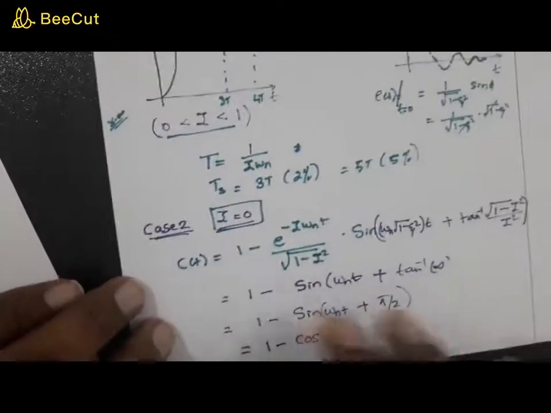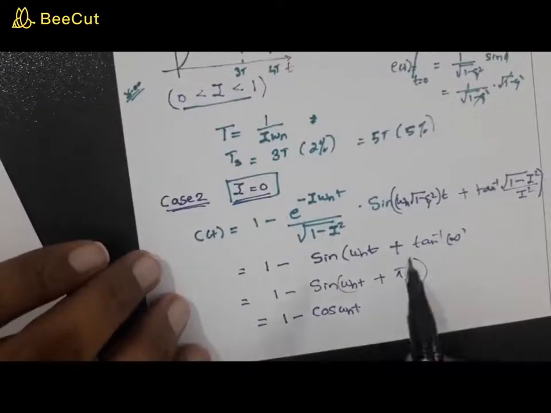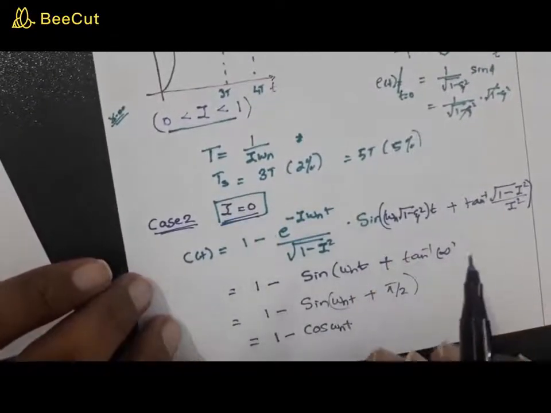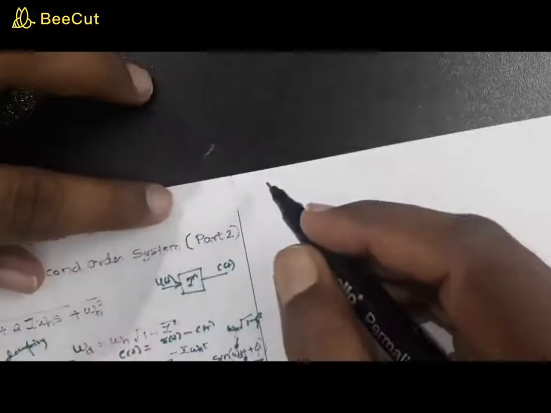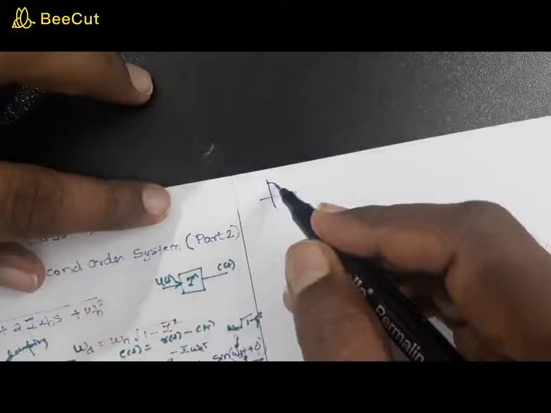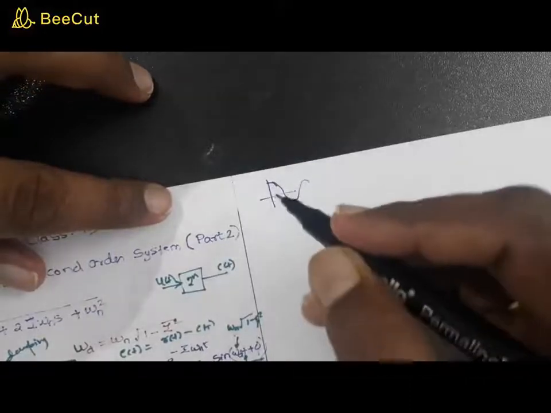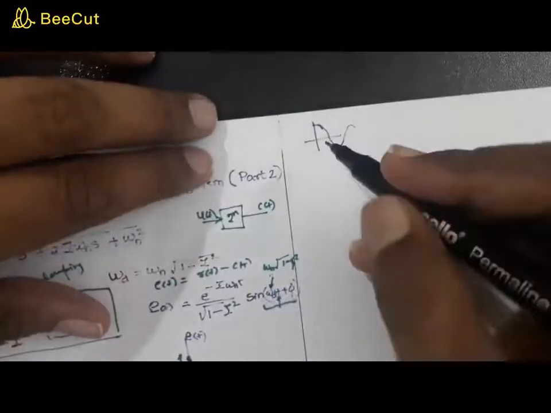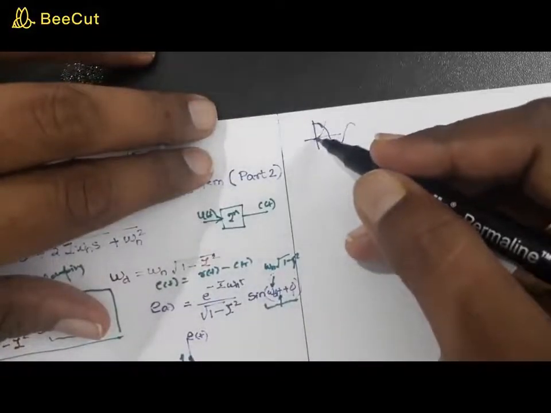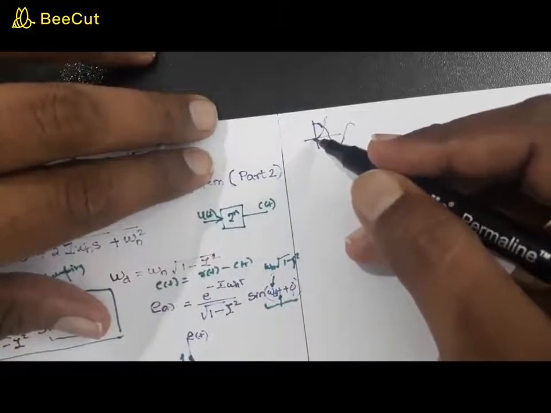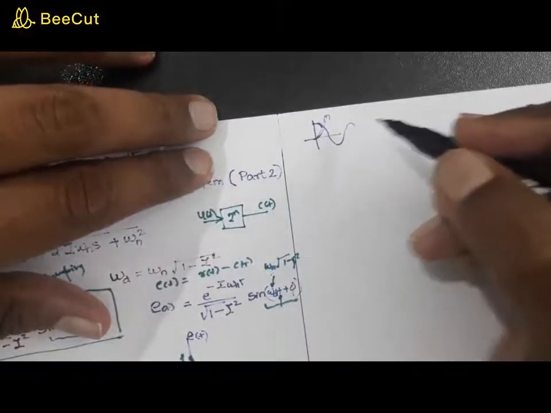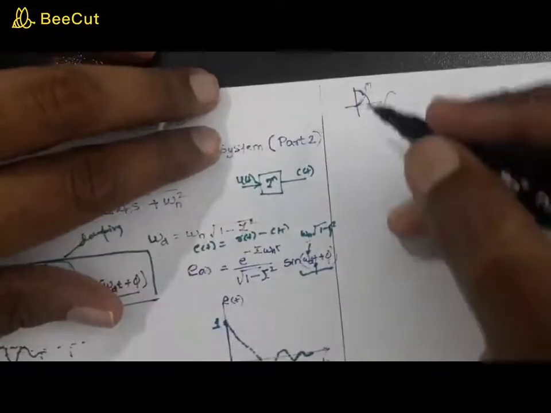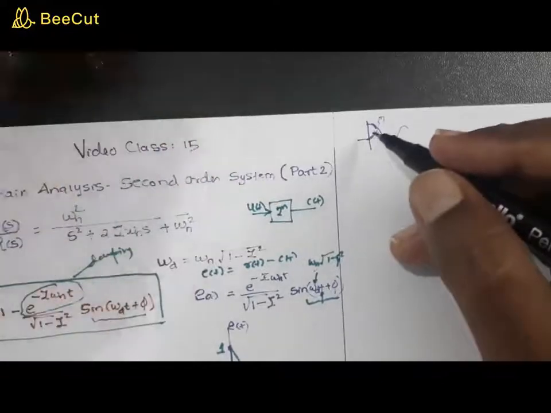Now how will this c of t look like? This is 1 minus cos omega n t. You know that a cos wave looks like this. Now if you do 1 minus cos wave, it will be in the reverse direction, but there will always be a shift of 1.